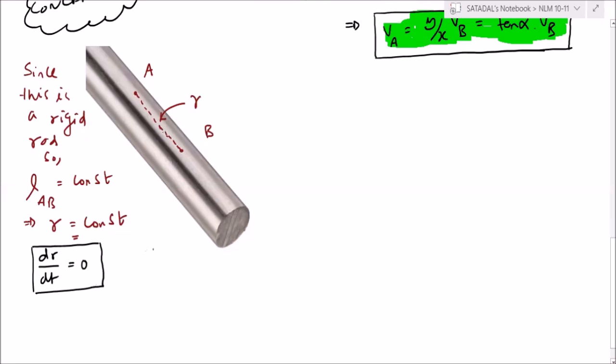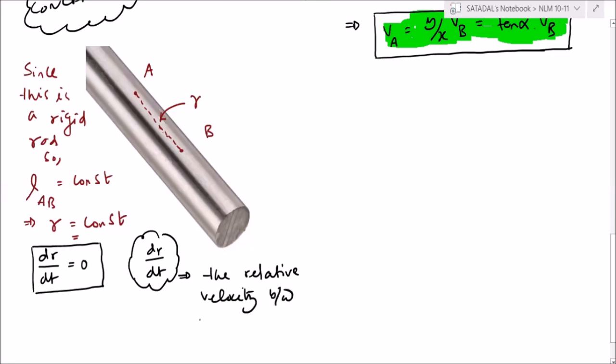What does dr/dt indicate? dr/dt indicates the relative velocity between A and B along the rod, right?